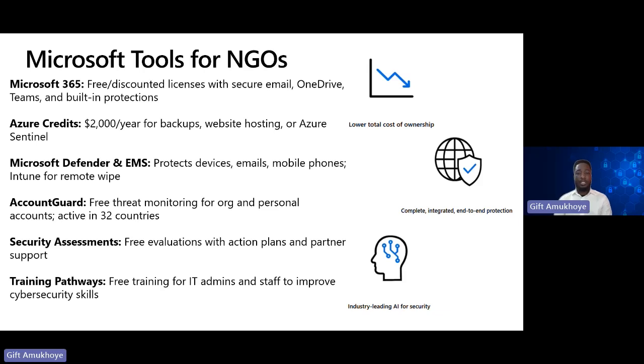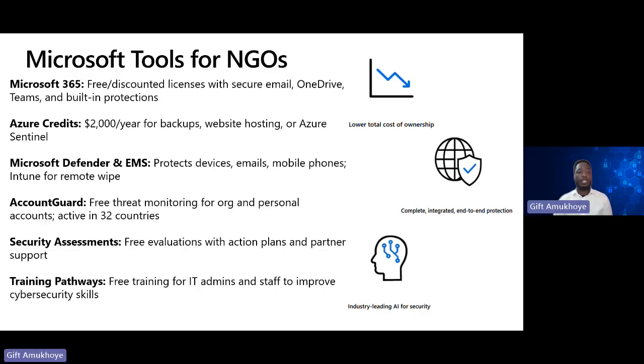As I mentioned earlier about Account Guard for nonprofits, this is a free cybersecurity service that monitors for nation-state attacks targeting your organization. It actually covers both your Microsoft 365 accounts and personal Outlook or Hotmail accounts of staff, and depending on the size of the organization, even your board members.